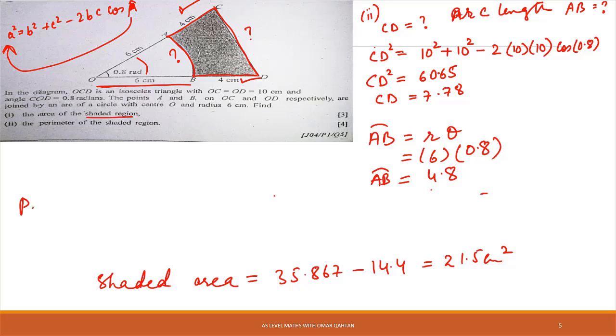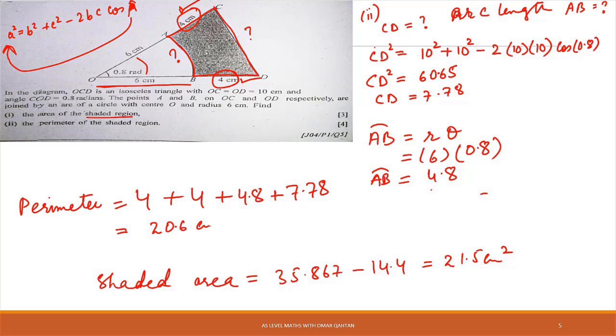So finally the perimeter will be 4 plus 4 plus this arc length AB, that is 4.8, and this part CD, that is 7.78. So our answer will be 20.6 centimeter.